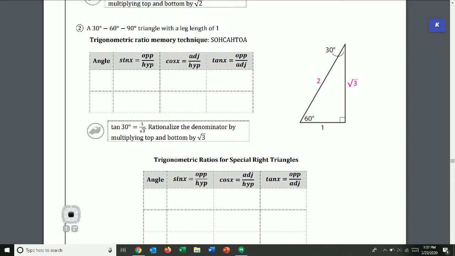The triangle that's given, they tell us that the short leg is 1, the long leg is square root 3, and the hypotenuse is 2. So let me just do a quick drawing of that.